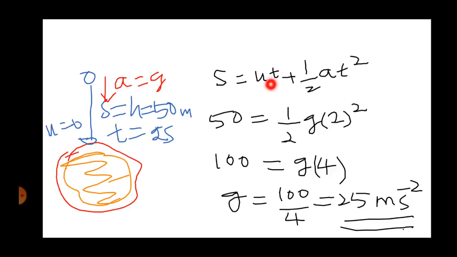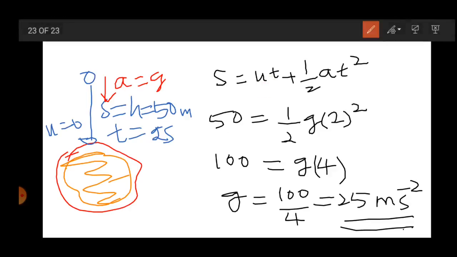So the term ut is 0, and 1 by 2 a is 1 by 2 g, with t already given as 2 seconds. So 2 square means 4. To simplify this equation, 100 is equal to g into 4.